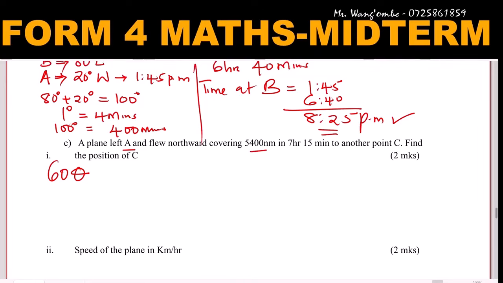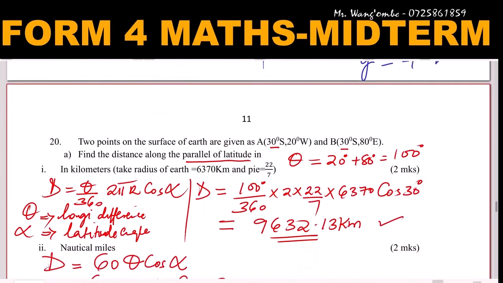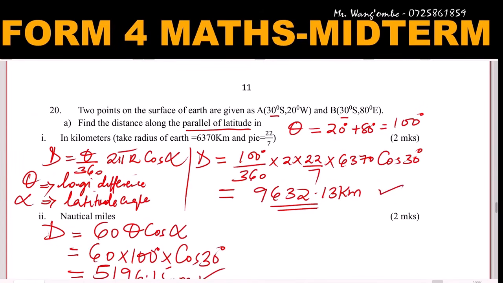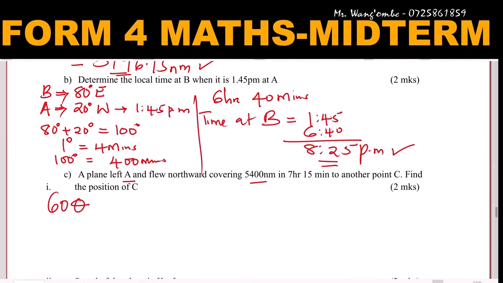Why? Because A is 20 degrees west, so it is moving northwards on the same longitude, 20 degrees west. So that means it will be moving to a different latitude. So we have to get the latitude difference. Theta will represent latitude difference, and that distance is what you're getting as 5400.